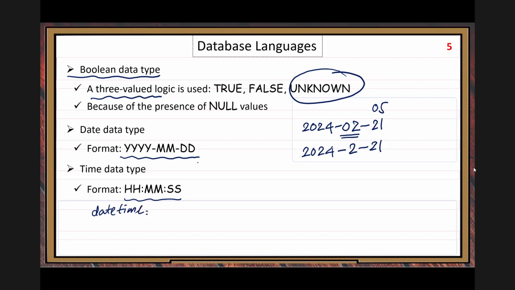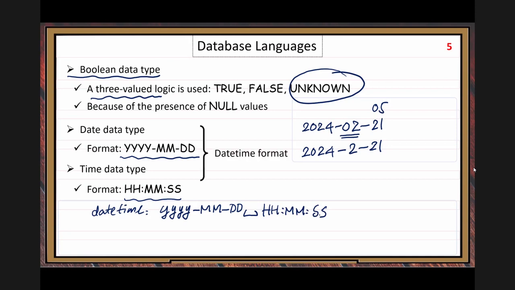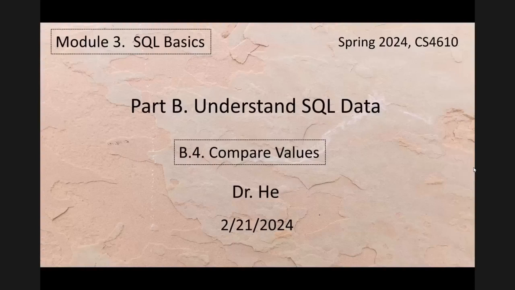Then you add these two: Y, M, D, but you need to put a space after it. Then H, M, S. So that's called a datetime data type. You put them together like that.